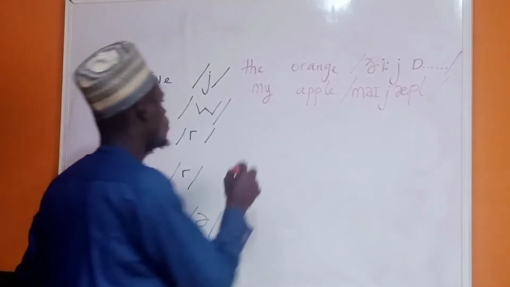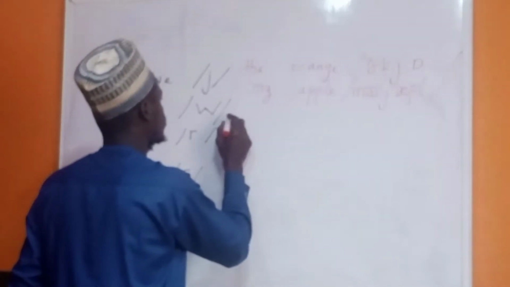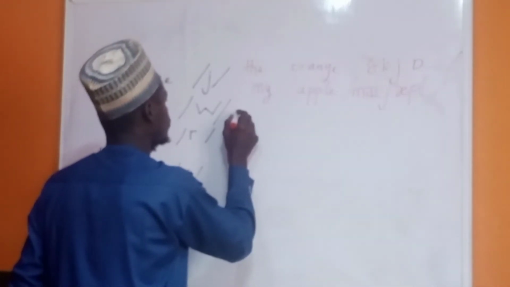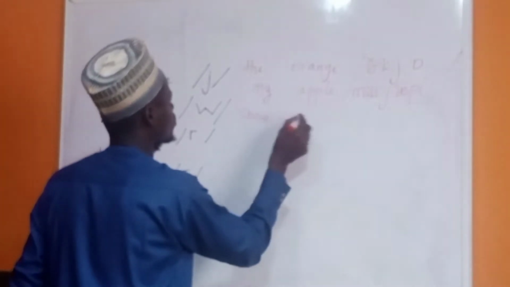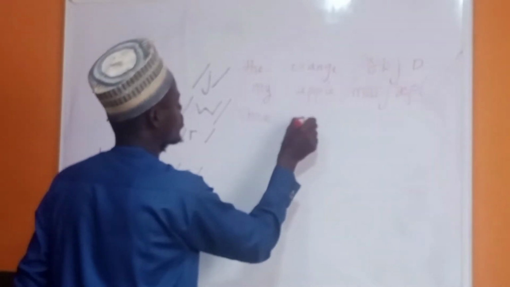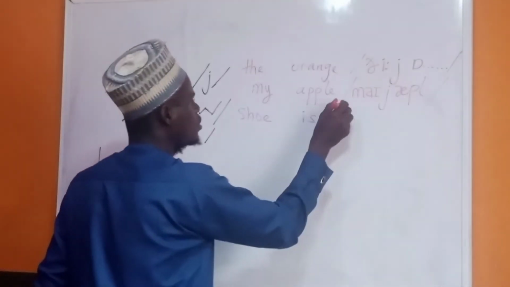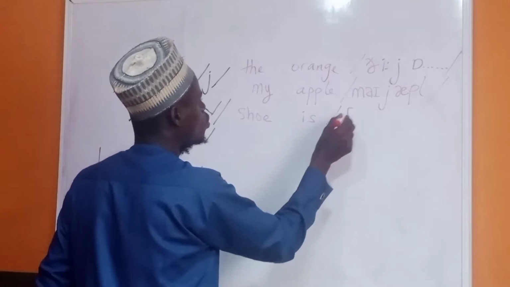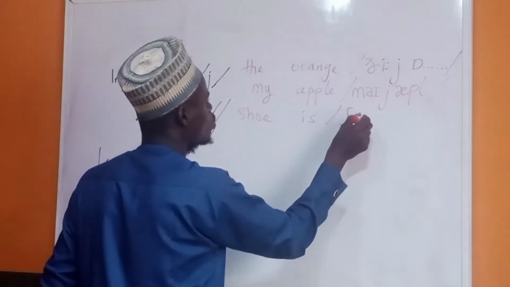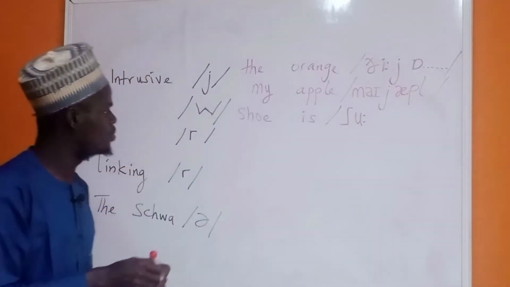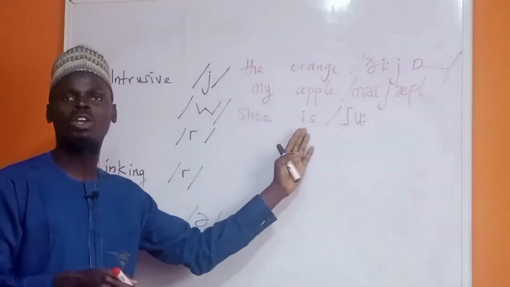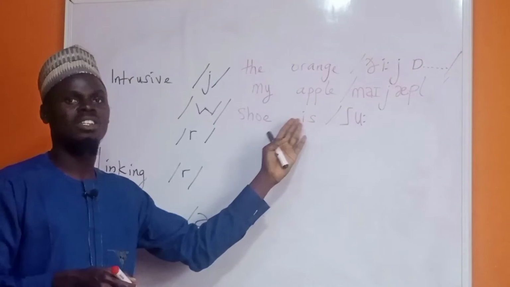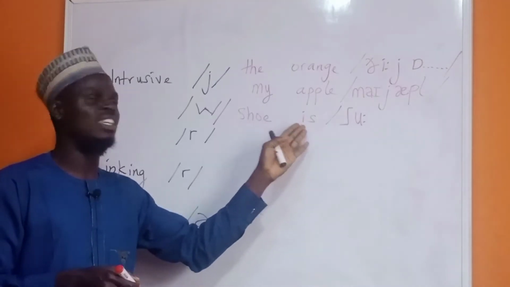For example, when you want to pronounce this word, you say shoe. For example, my shoe. Now you want to follow it with is.